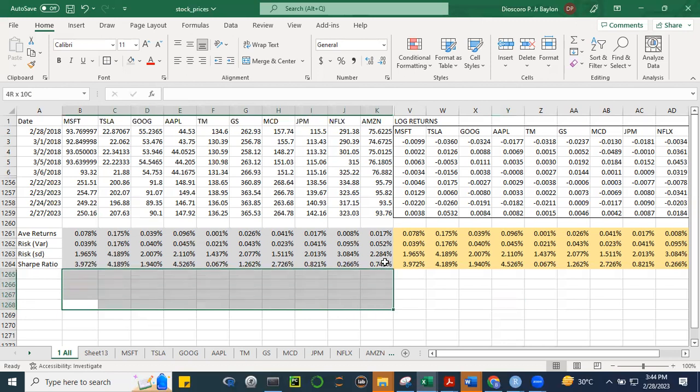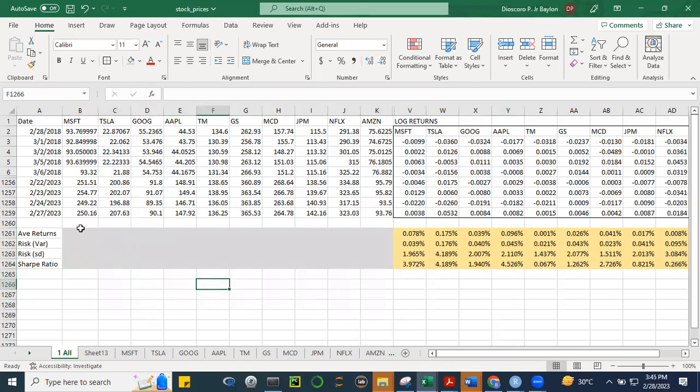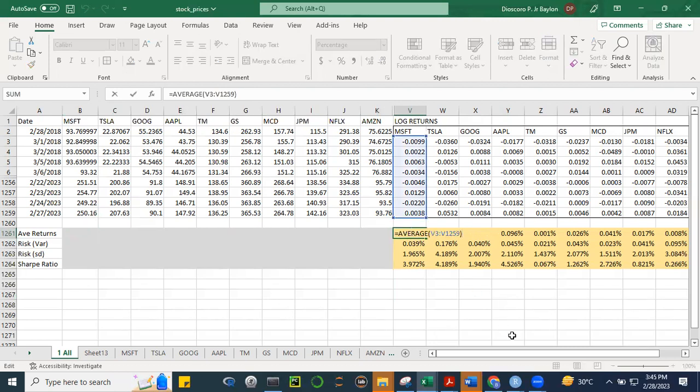Let me delete this. Okay, and let's do this, class. Let's review how we computed for this one. The first step was to get the ratio, right? ln of price at time t divided by price at time t minus 1.